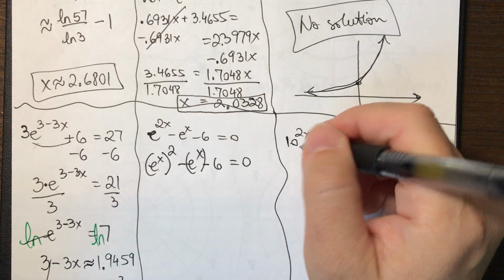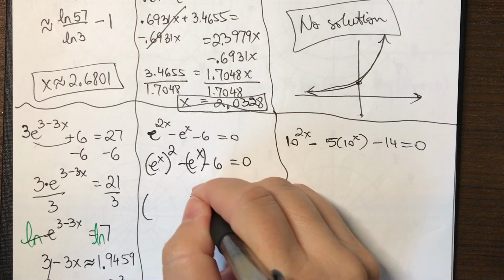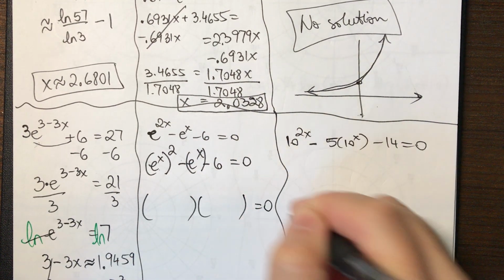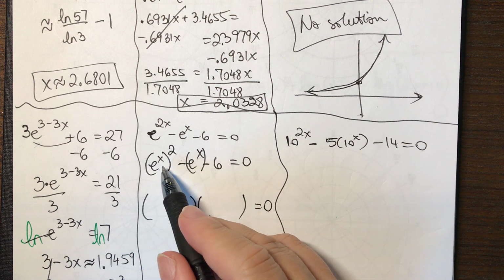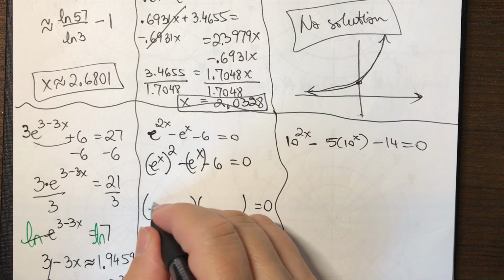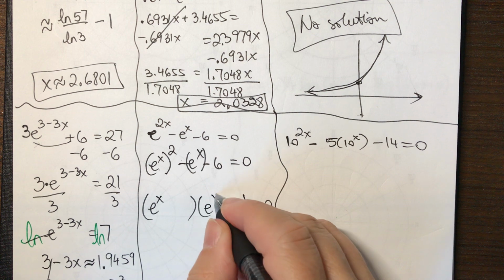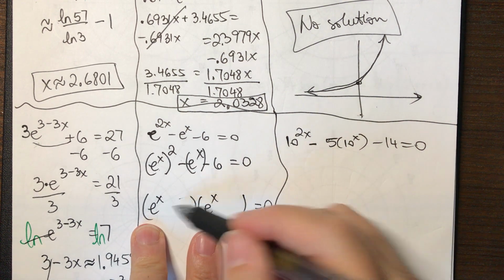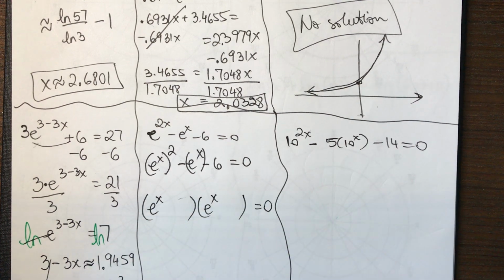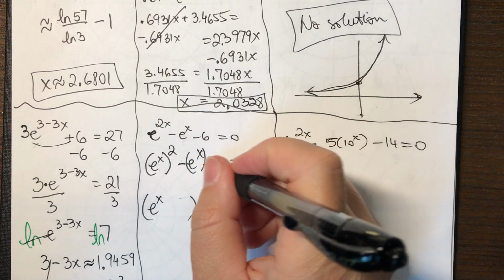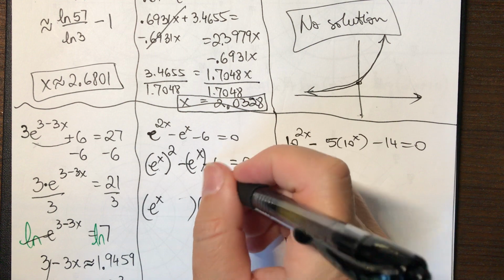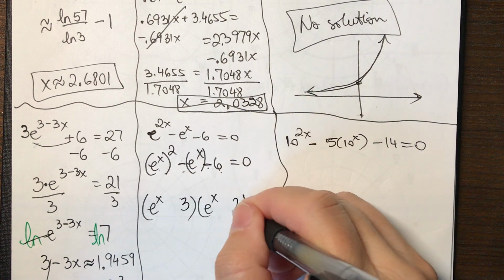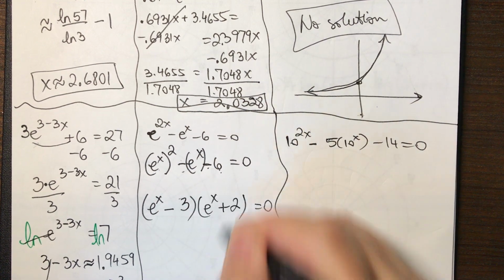So in other words, this is your x, and all you have to do is factor it. So e to the x squared comes from an e to the x times another e to the x, right? And when you multiply them, it's e to the x plus x, which is your 2x. And then I'm thinking of numbers that multiply to 6 and subtract to be 1, which are 3 and 2, a negative 3 and a positive 2.